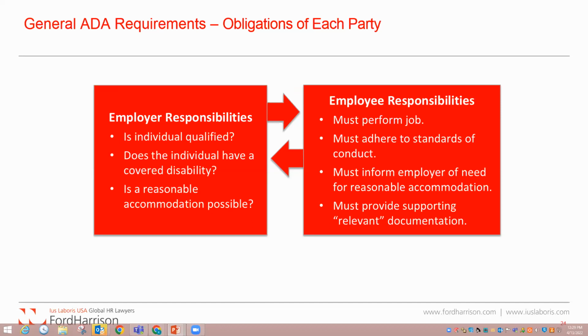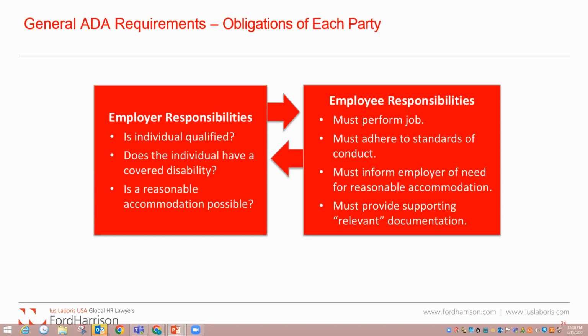So if an employee, for example, has carpal tunnel and is requesting that the employer provide a $5,000 special keyboard, and the employer can find one at Costco that does the same thing for $2,000, as long as it does in fact enable the person to perform their job duties, they don't get to say, well, I want the Mercedes-Benz keyboard, because the other one does just the same thing.